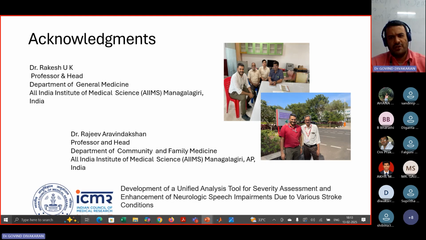I acknowledge the immense support given by Dr. Rakesh Shuke, professor and head of the Department of General Medicine at AIIMS Mangalagiri, where all these stroke patients are getting treatment. The clinical data collection is being carried out from the stroke ward of the Department of General Medicine.